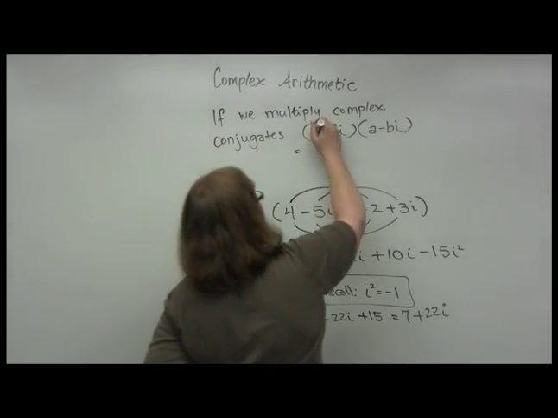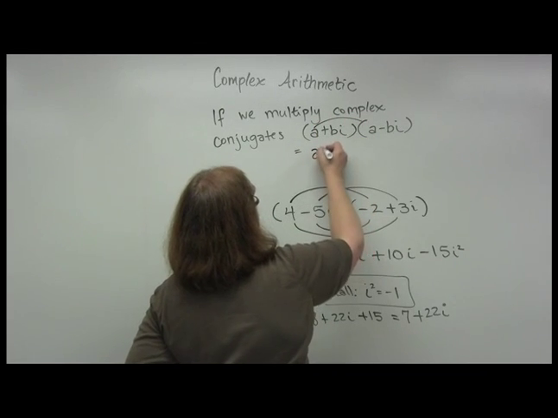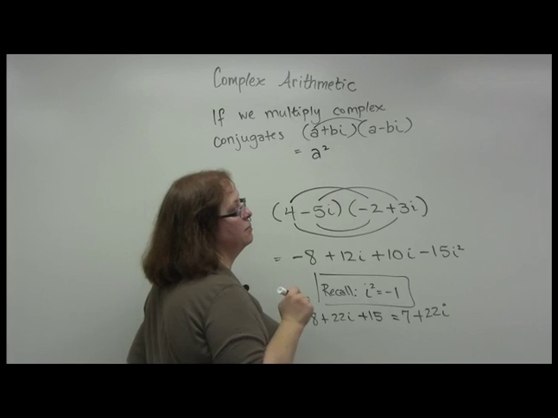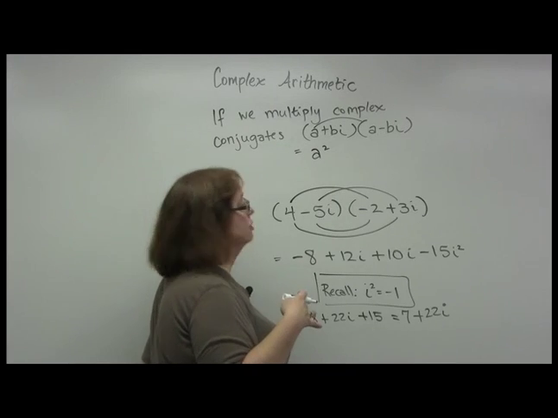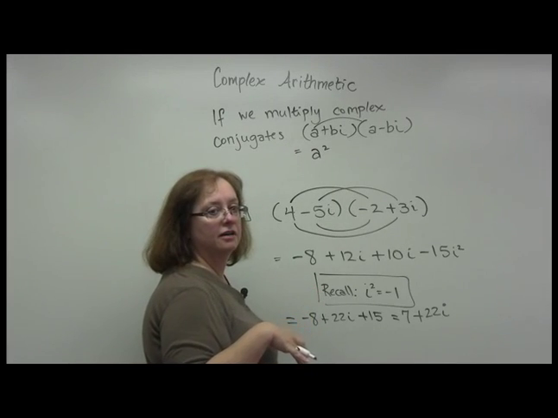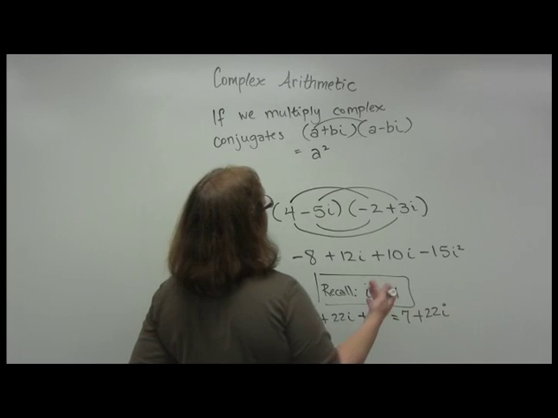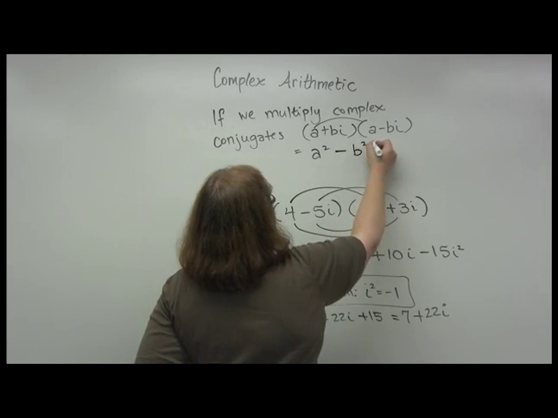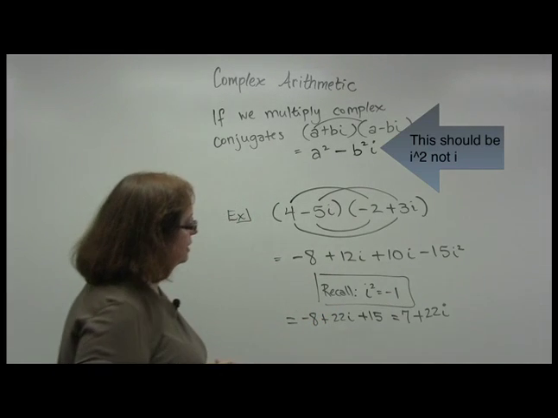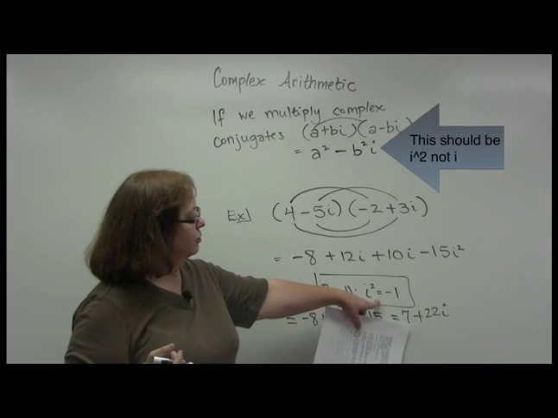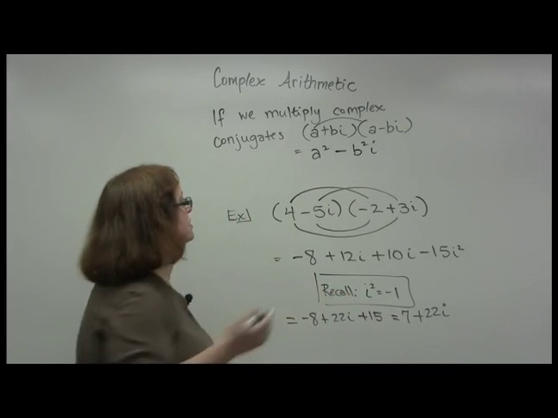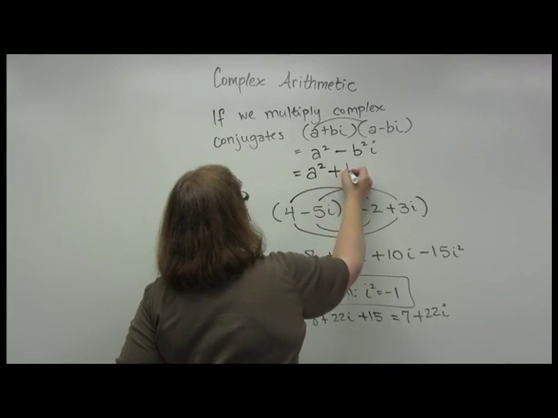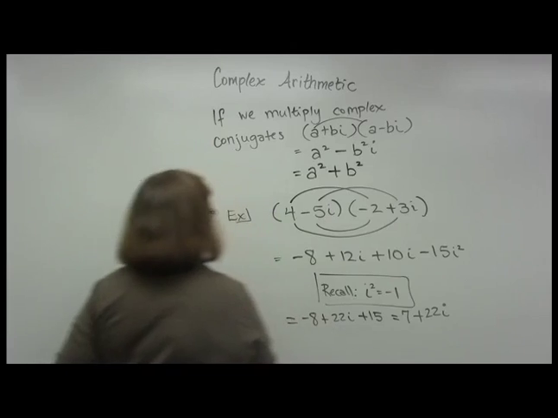Well, if I do the first term, I get a squared. The outer term would be minus abi, but the inner term is plus abi. So those are going to cancel out. But then I'll get minus b squared i squared. Substituting that i squared is negative 1, I then just get a squared plus b squared.